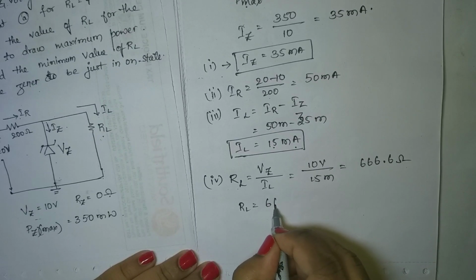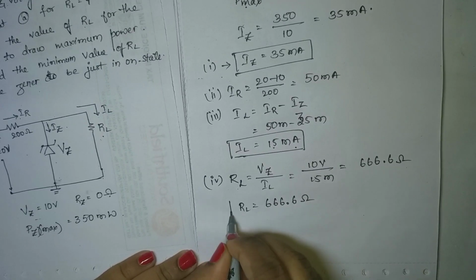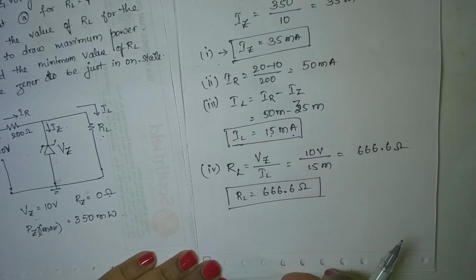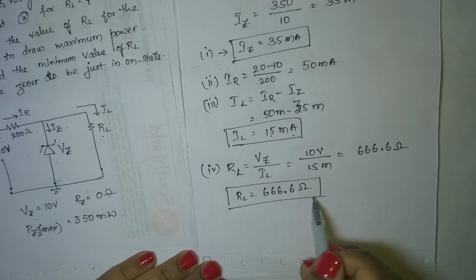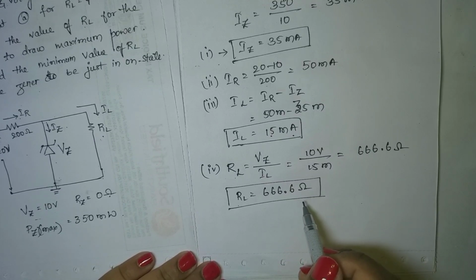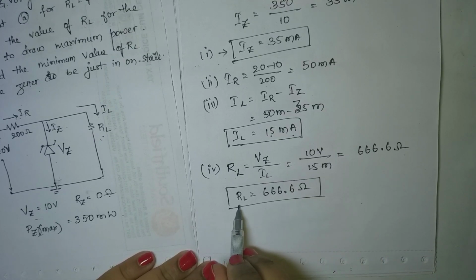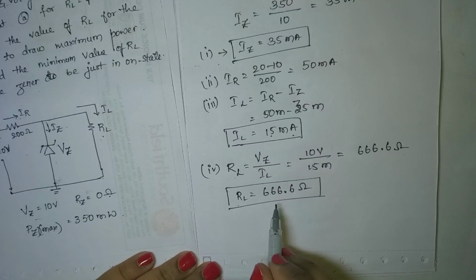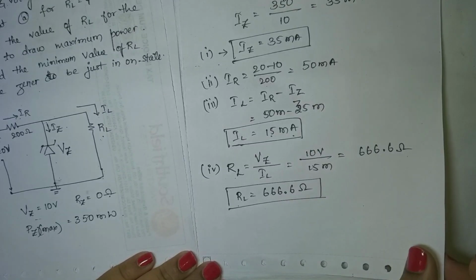RL is equal to 666.6 ohm. So this is the load value for maximum power dissipation. If you want the power to be dissipated maximum, the RL value should be taken as 666.6 ohm.